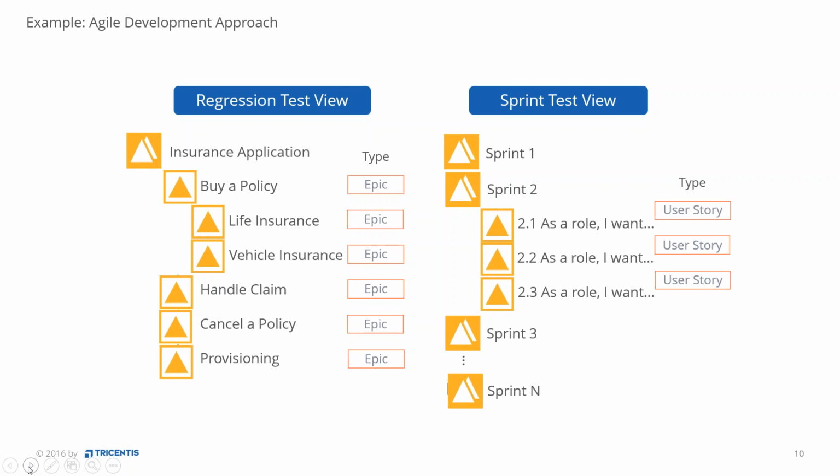So each requirement here would represent a different epic, and you would have a requirement set for each sprint, and each requirement for those sprints would be your user stories. So in sprint 2, you would cover, as a role, I want to be able to buy a life insurance policy, etc. Okay, so again, you can really structure the requirements to reflect the type of testing that you do.